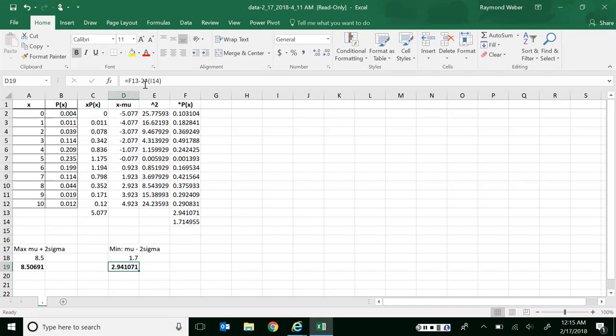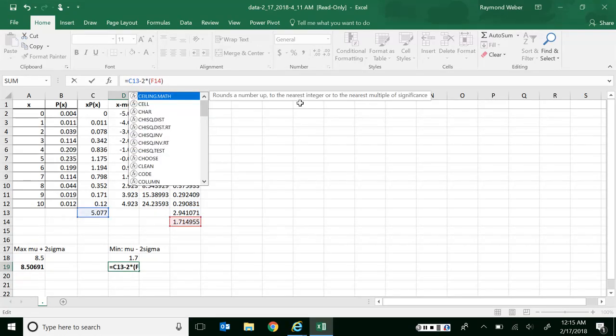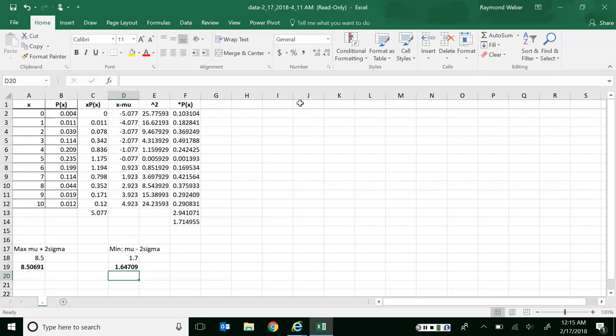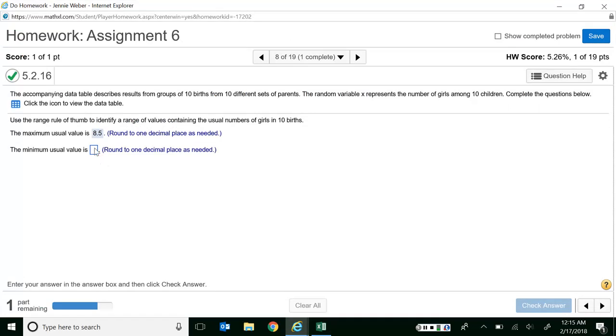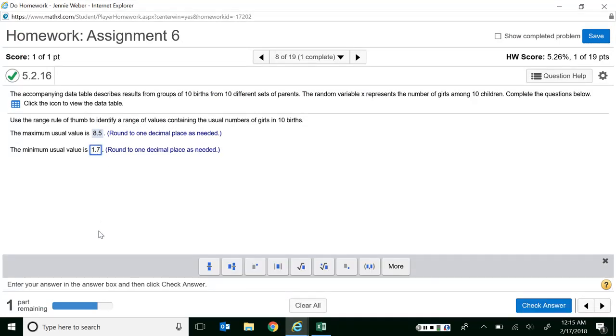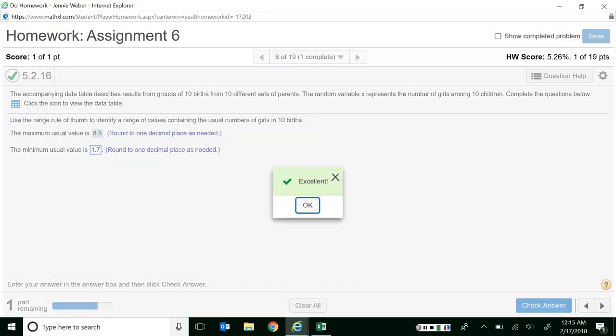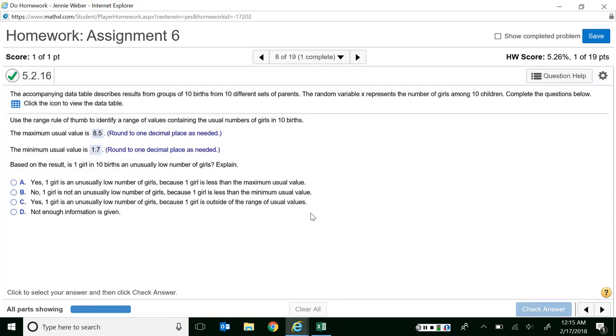Oh, because it moved the values. There we go. So you can see right here, this is where that matters. You can see that came up a little different. That wouldn't round up to 1.7, and I'm pretty sure they want 1.7. So just a heads up. I don't really like that, but they're not perfect.